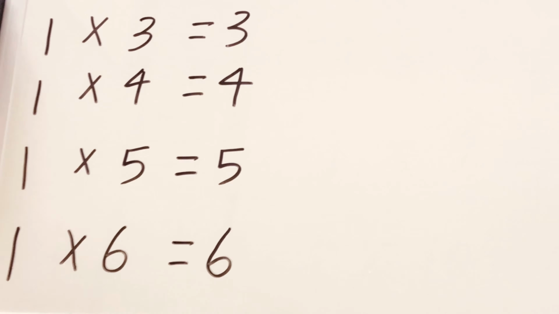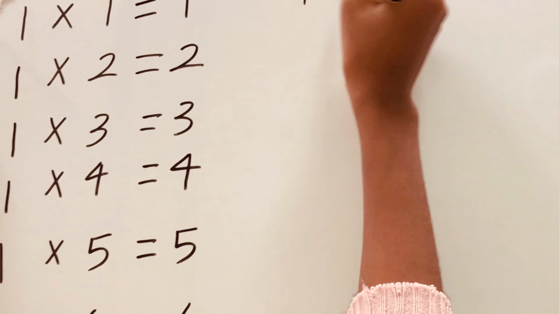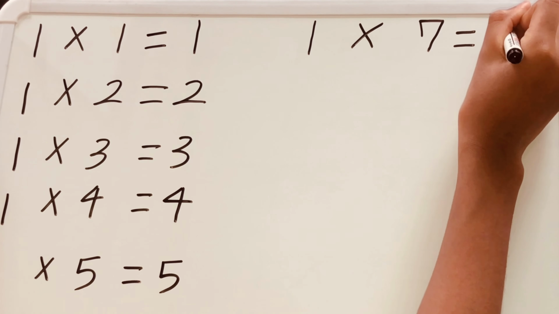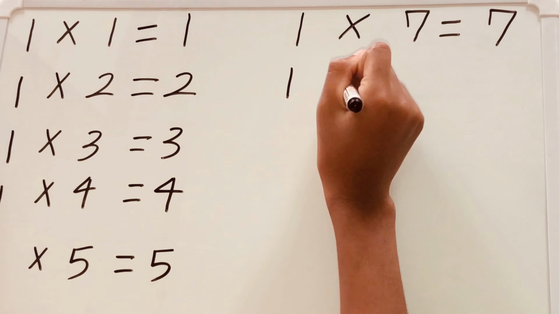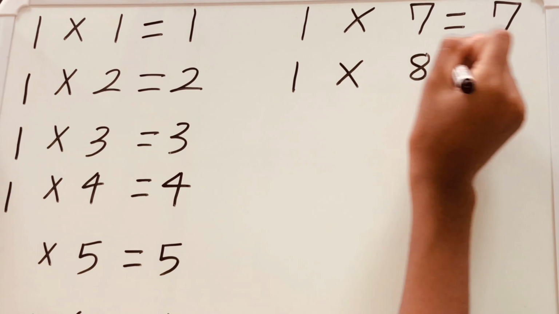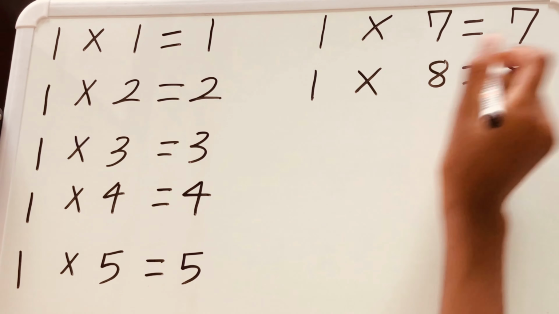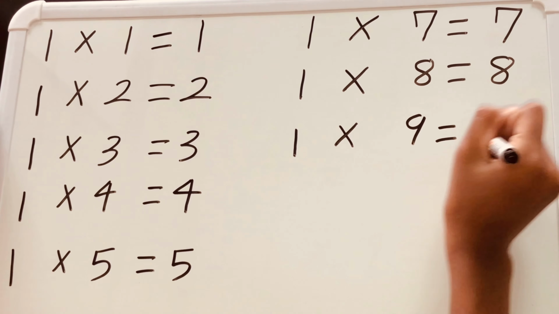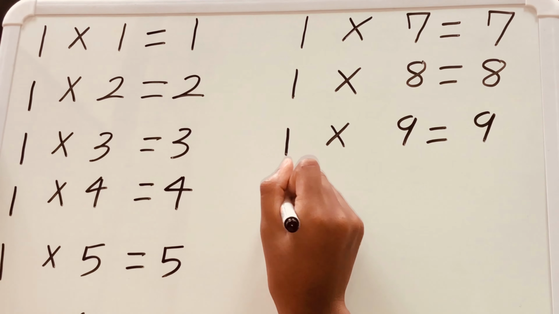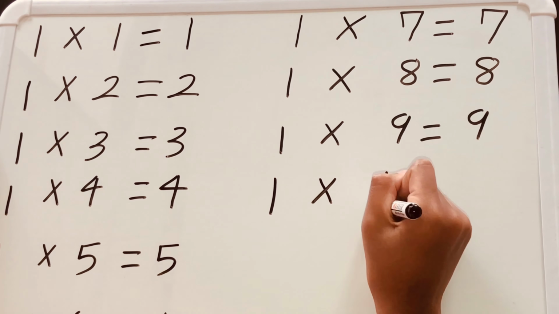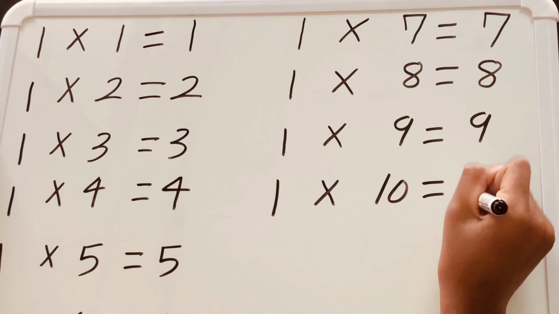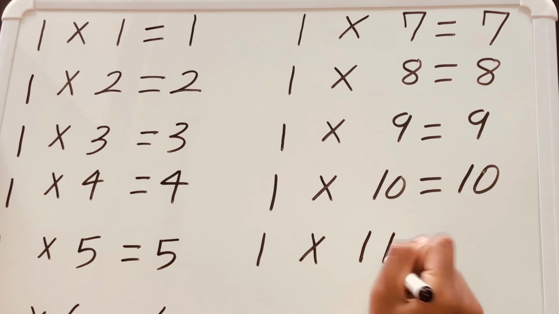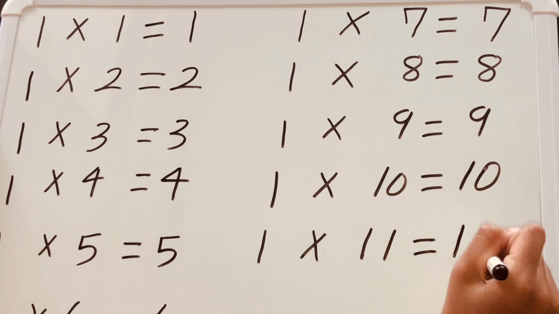Now, next one is 1 times 7, which equals 7. 1 times 8 equals 8. 1 times 9 equals 9. 1 times 10 equals 10. 1 times 11 equals 11.